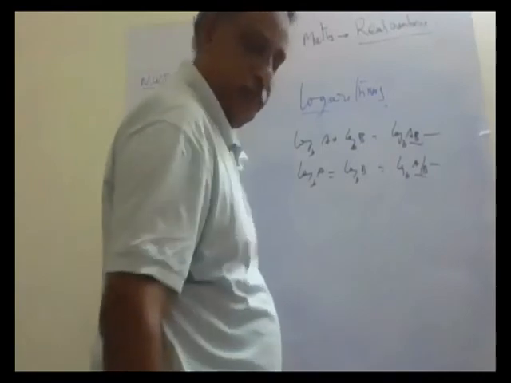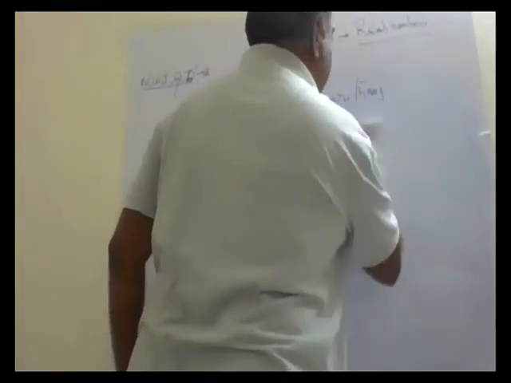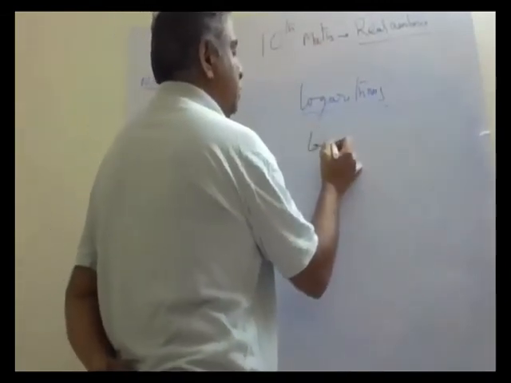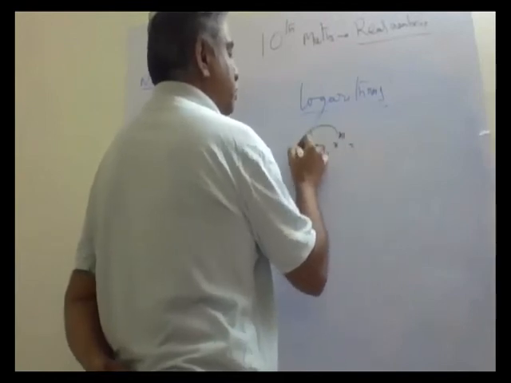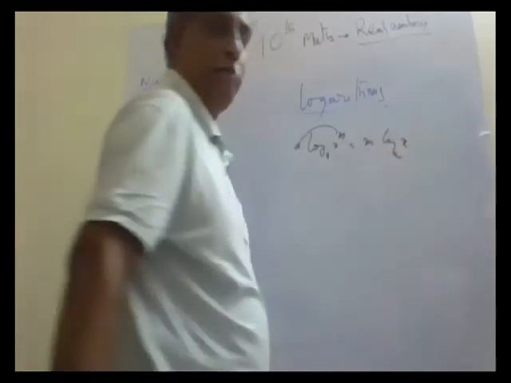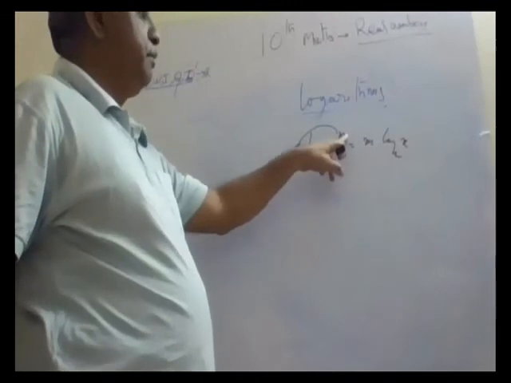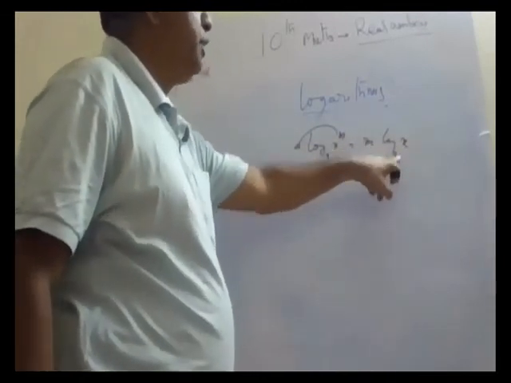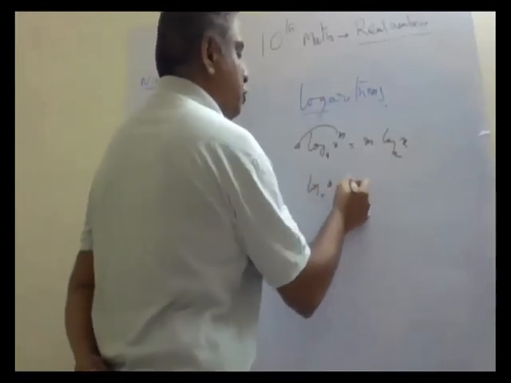Okay. Now let us see the second property. Log of x to the power of m to base a is equal to m into log of x to base a. Let us say, let log x to base a be equal to p.